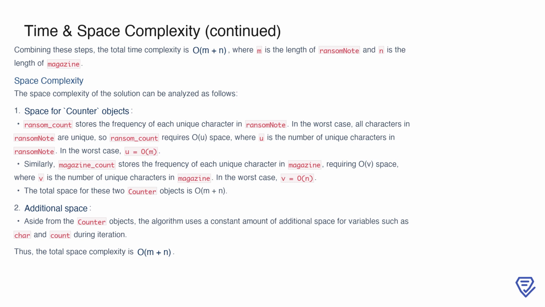Similarly, magazine_count stores the frequency of each unique character in the magazine, which requires O(v) space, where v is the number of unique characters in the magazine. In the worst case, this is O(n). Together, the space used by these 2 objects is O(m + n). Additionally, the algorithm uses a constant amount of extra space for variables like char and count during iteration. Therefore, the total space complexity is also O(m + n).